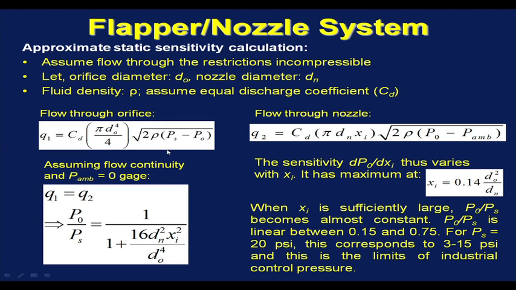Now, if you assume flow continuity, the flow through the orifice should be equal to the flow through the nozzle.